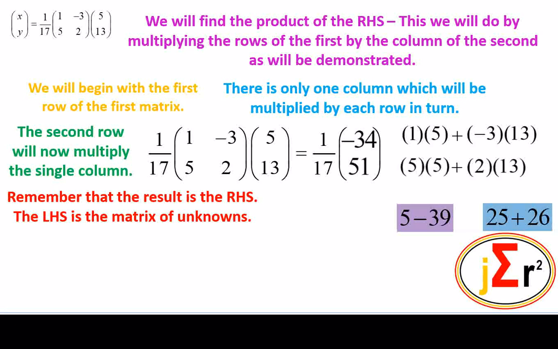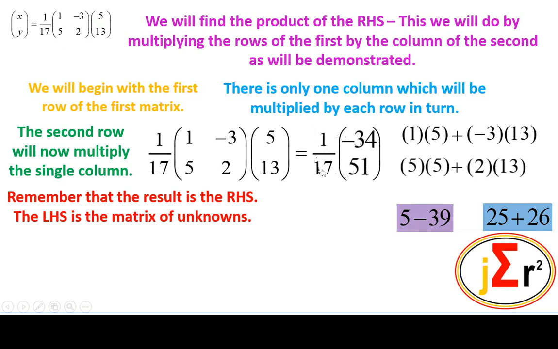The left-hand side is the matrix of unknowns. The right-hand side, which is what we have here, is the right-hand side of the equation.